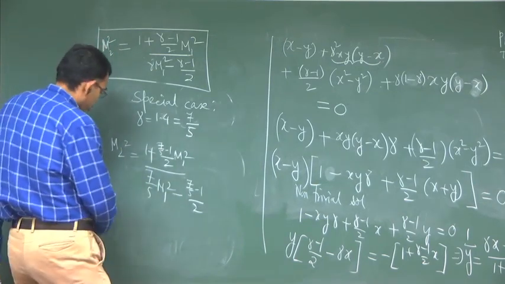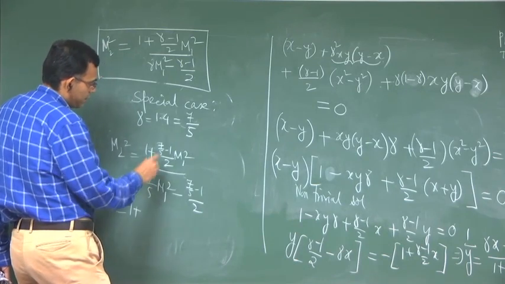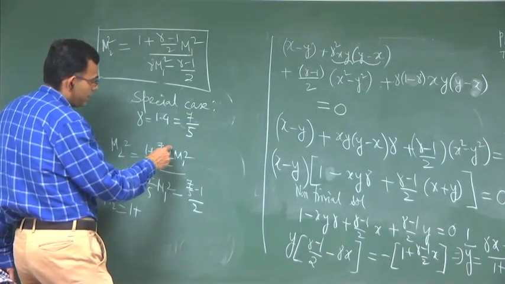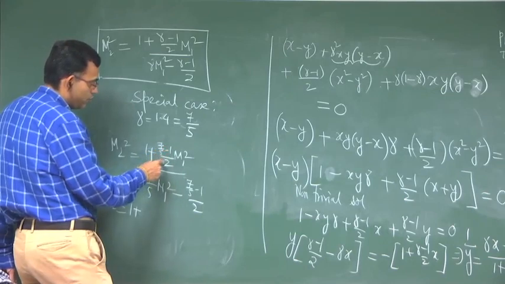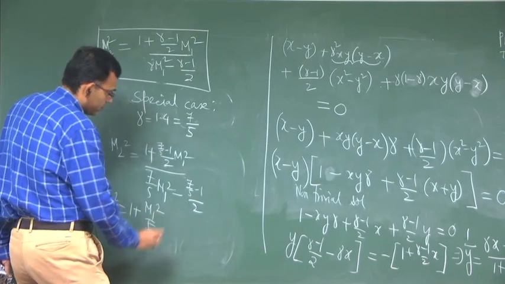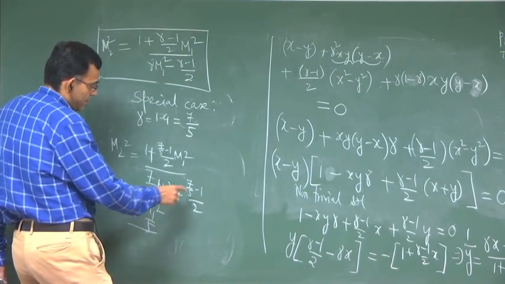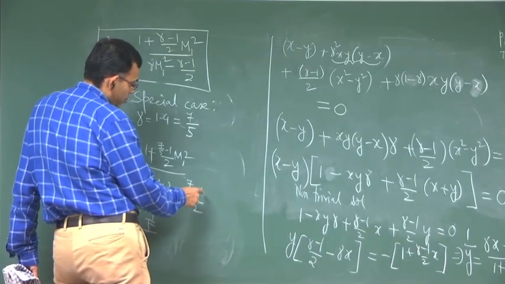So, m2 square will be 1 plus, this is 5, 7 minus 5 is 2 by 5 by 2, m1 square by 5, divided by, now 7 by 5 minus 1 is 2 by 5.